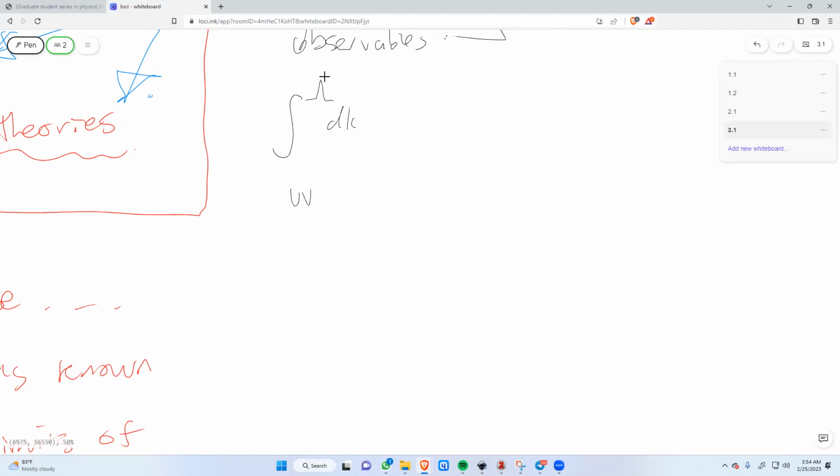By putting this cutoff, you integrate, and your observables, which I'll call O, are now dependent on your parameters as well as the cutoff.